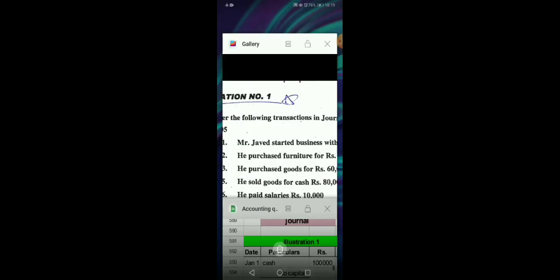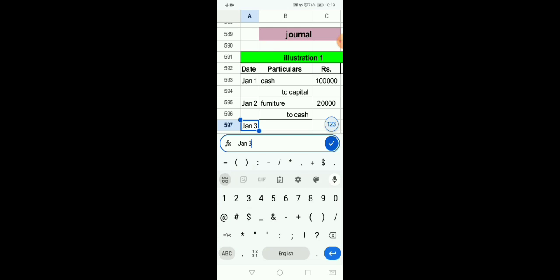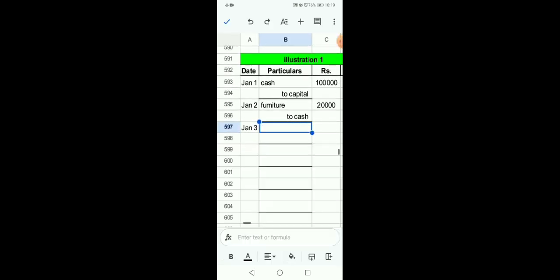After the second entry, let's see what is next. That is January 3. Put the date first. It's Jan 3. And let's see what Jan 3 is saying to us. He purchased goods of rupees 60,000. Again, we are buying, it means something is coming in, and that is goods. You have bought commodities, merchandise, goods. These are business goods.